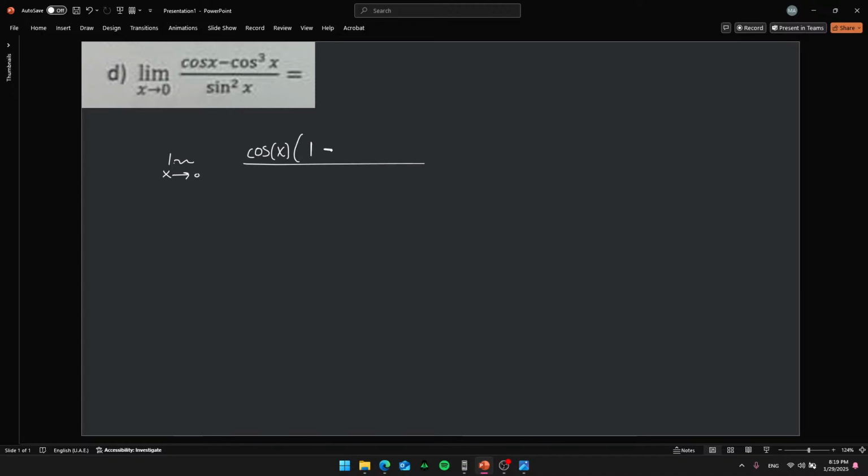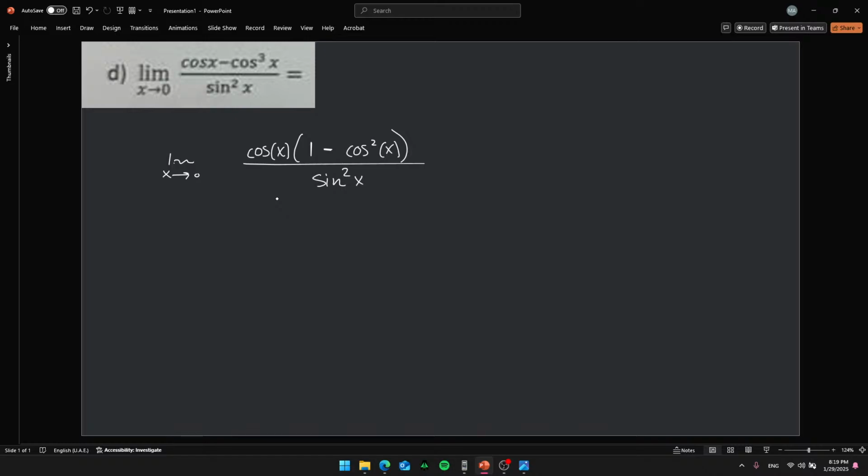So we're left with 1 minus cosine square x, right? Like if I redistribute this, I'll get cosine x minus cosine cube, right? So I took one cosine out, and in the denominator it's simply sine square x.